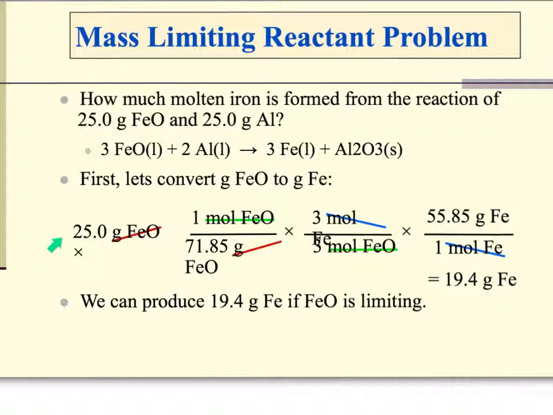Now this is just using the equation from mass problems, and you can get that from either the PowerPoints, your notes, or watch the video on mass. Notice that our units cancel out, and we would have an answer of 19.4 grams if iron 2 oxide is limiting.